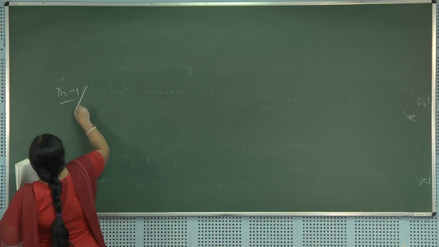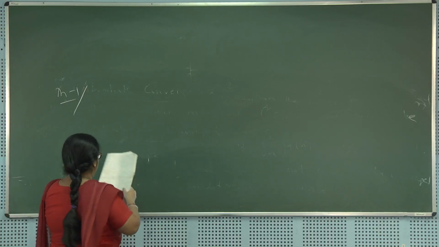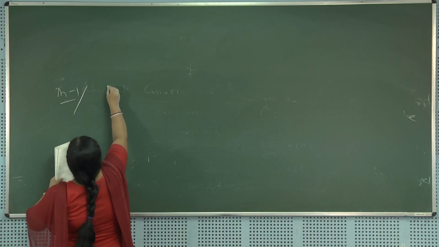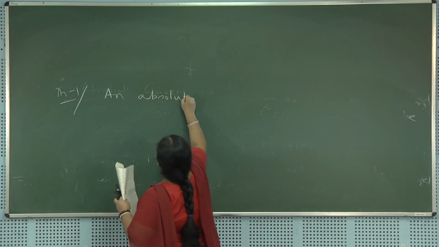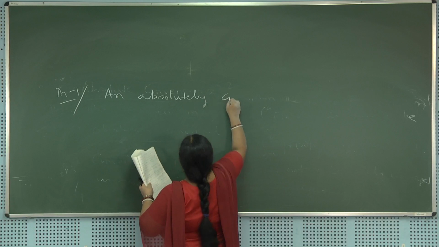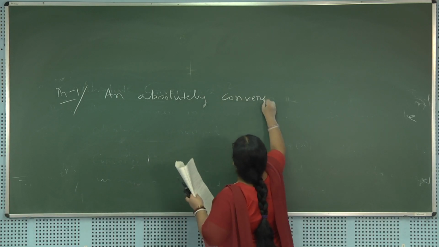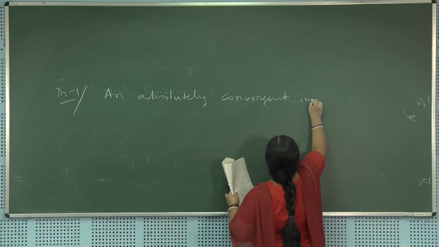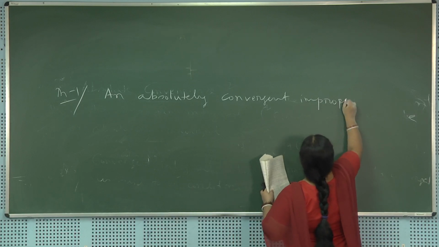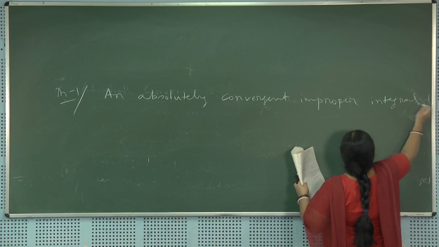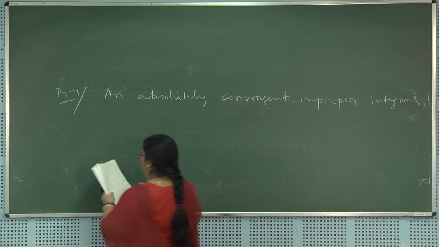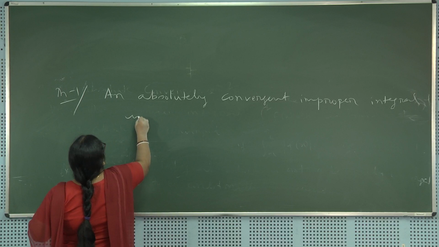You can try to look at the proof in the book. An absolutely convergent improper integral is convergent.